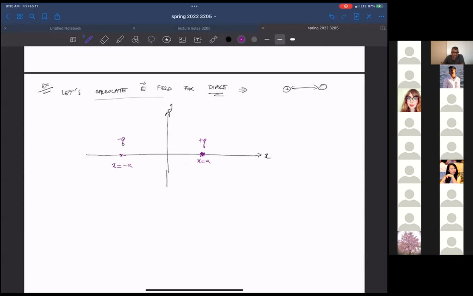Okay, and we could go around calculating the electric field caused by these two charges anywhere. Like if I was going to calculate the electric field here, I would calculate the electric field vector caused by Q, and I would calculate the electric field vector caused by minus Q. It should be smaller because the minus Q is sitting further away in that case.